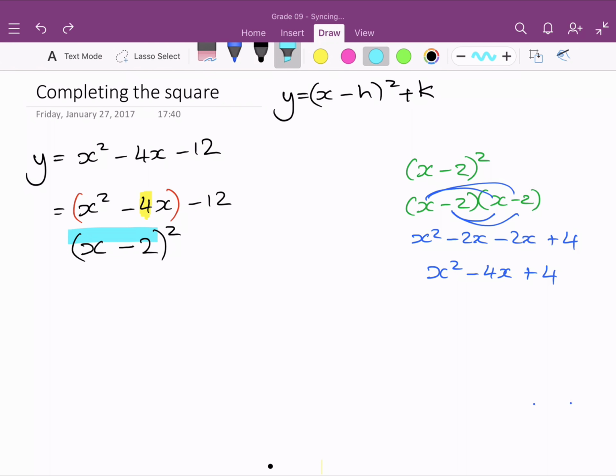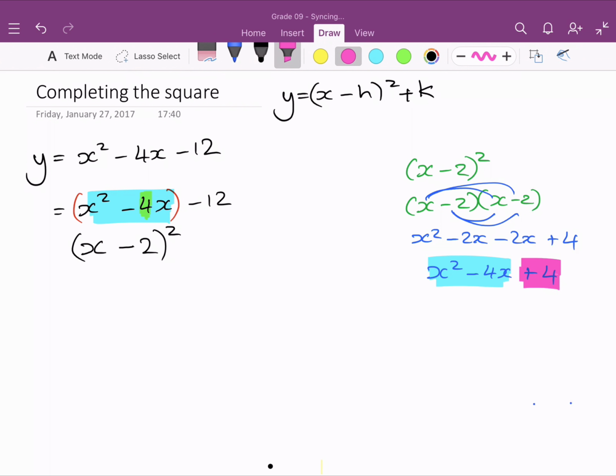Notice that the x squared minus 4x is the same as we have here. However, when we do x minus 2 all squared, there's a little extra bit. This plus 4 is extra, which we don't want, so we have to get rid of that little extra bit.